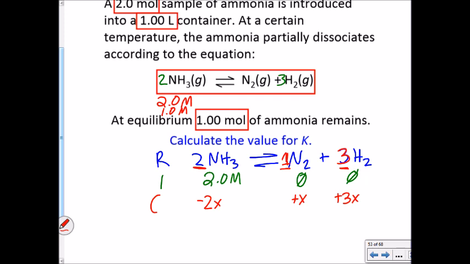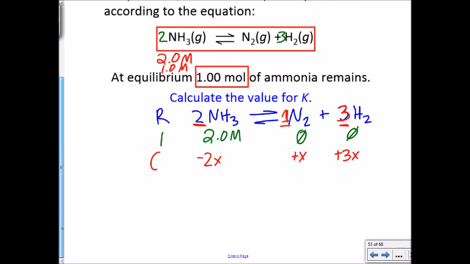It also told us the equilibrium concentration of the ammonia here, which happened to be 1, because we calculated that from 2 moles divided by the liter. And here, this is going to be x, and this is going to be 3x. Can we determine what x is?